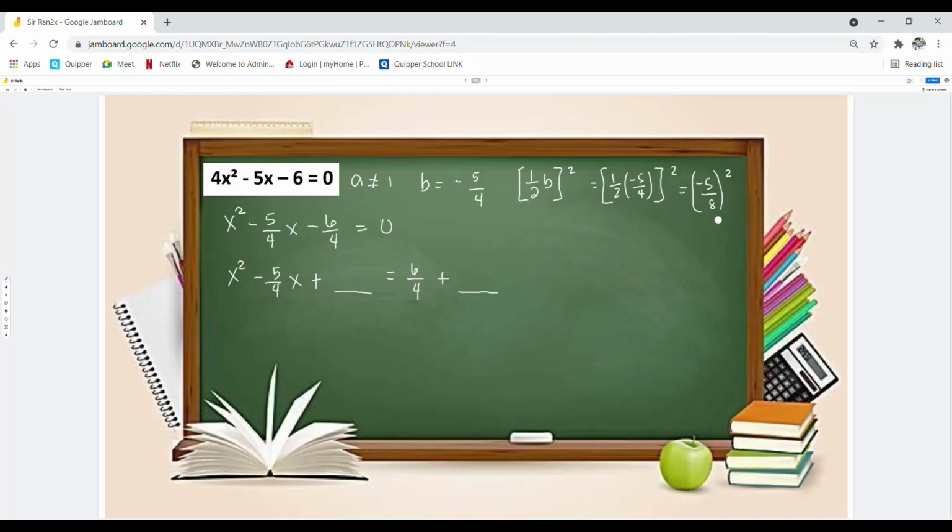After you raise it, that becomes positive 25 over 64, because negative 5 squared is 25, 8 squared is 64. That's what you are going to write here, so you may erase this blank.